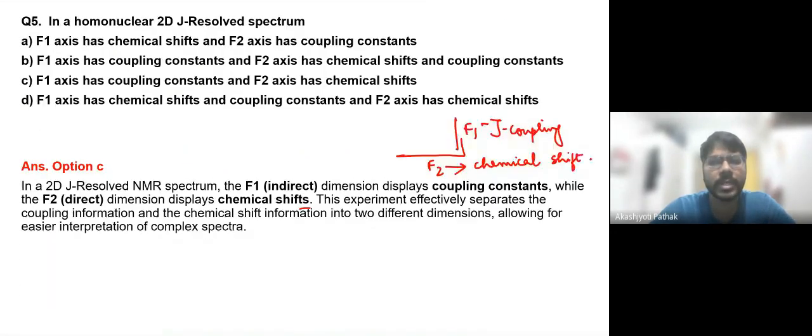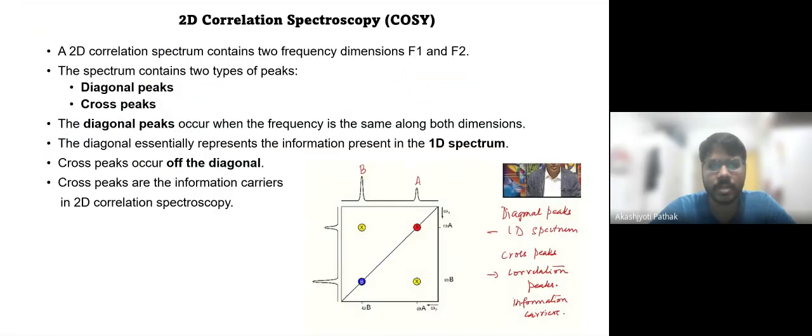Now we will quickly discuss the 2D COSY experiment. So what is a 2D correlation spectroscopy experiment? This was discussed in quite a great amount of detail. In such types of NMR experiments we get two types of peaks.